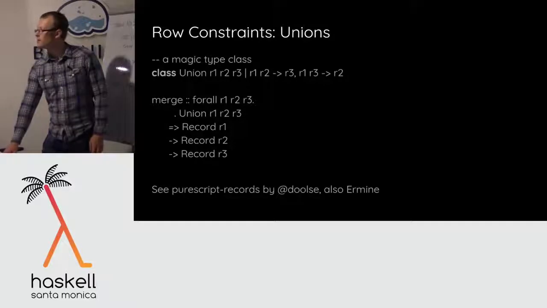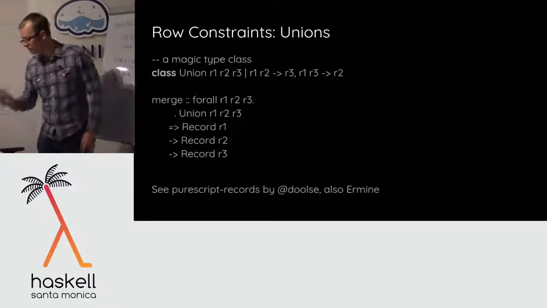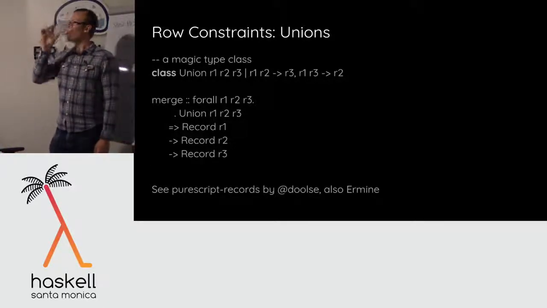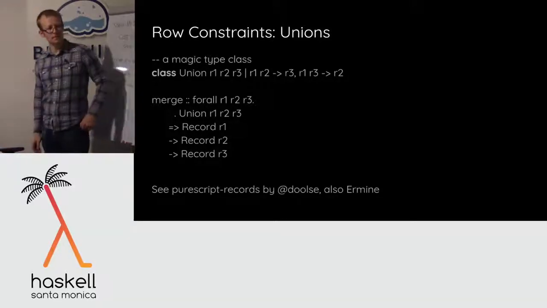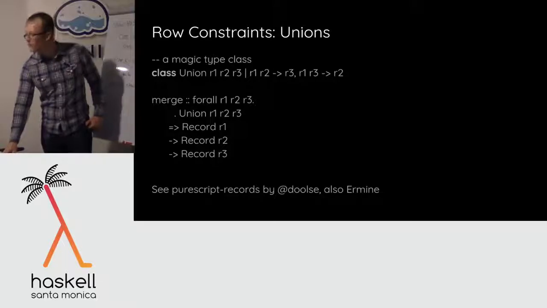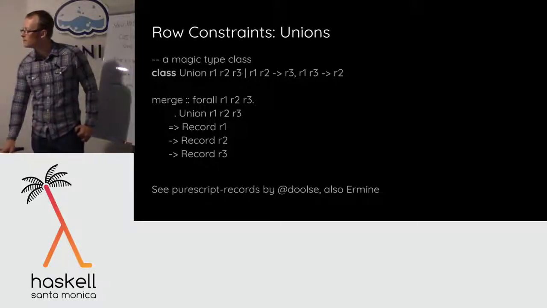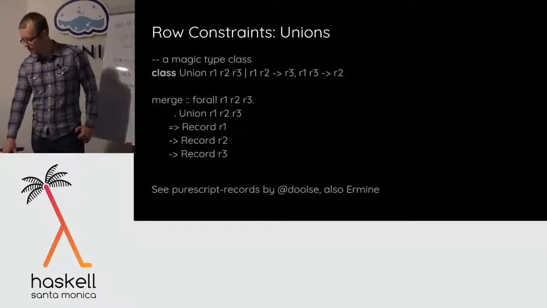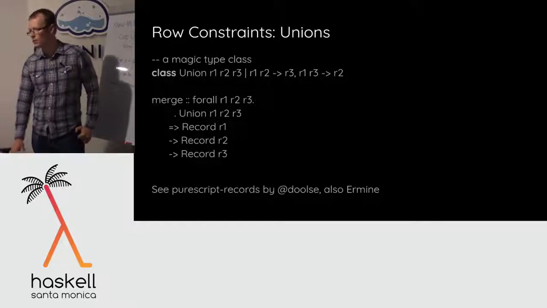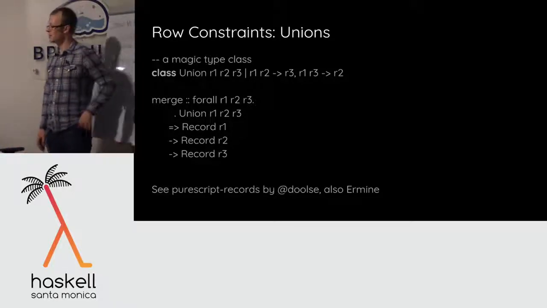I hadn't thought about if you had a name in each one when there were different types. Like one was a string and one was whatever a name is. Then you can have two names in the merged row, but they're different types. They can have different types, yeah. We actually use that in the extensible effect, it can be handy in a couple of places.